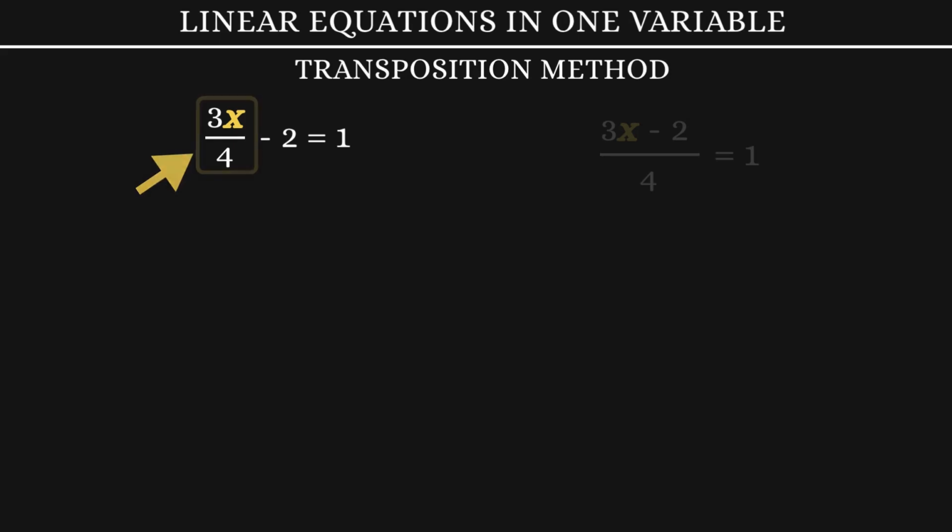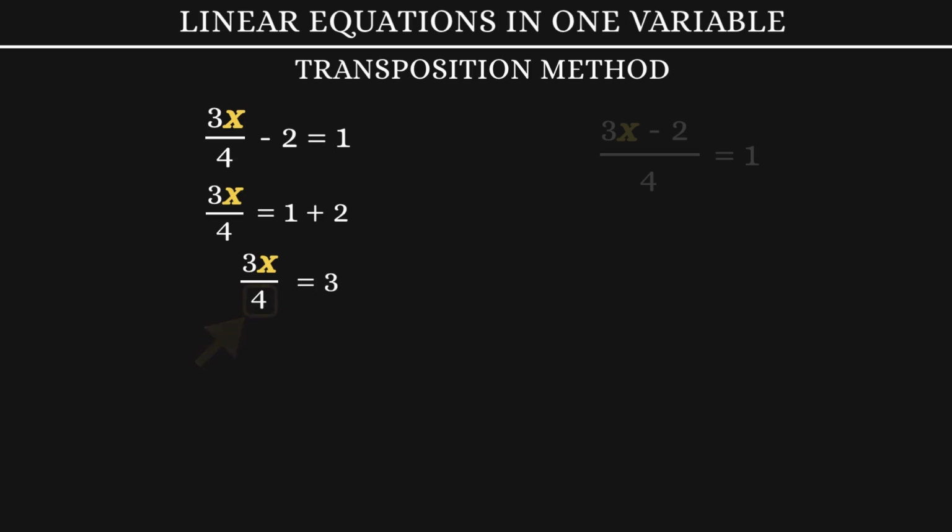Here, 3x by 4 is one term and 2 is another term. So you cannot take this 4 to the other side. Before doing that, you have to move this 2. Minus 2 here will become plus 2. 3x by 4 is equal to 3.